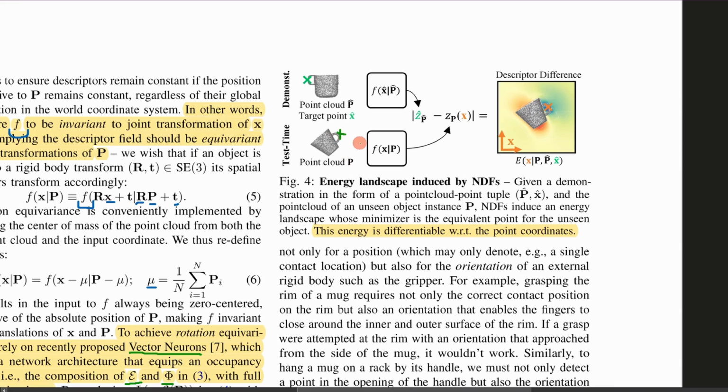And the reason it's going to work is because, as you can remember, how we trained the F function, our neural descriptor, is such that this is what the energy landscape is going to look like. For points which are close to the handle here, because remember the shape is going to be abstracted away because of the PointNet and the way we trained the whole system, that's going to cause the energy landscape to look like this.